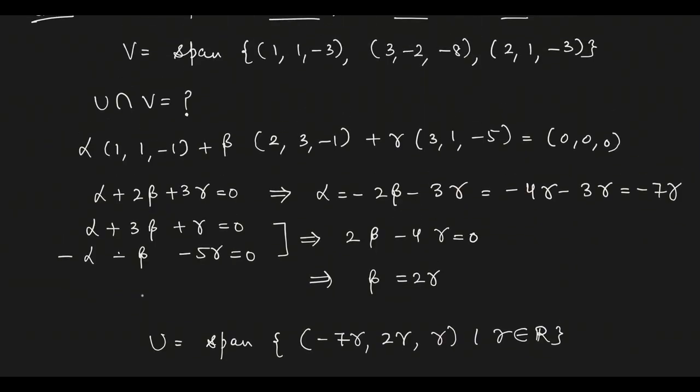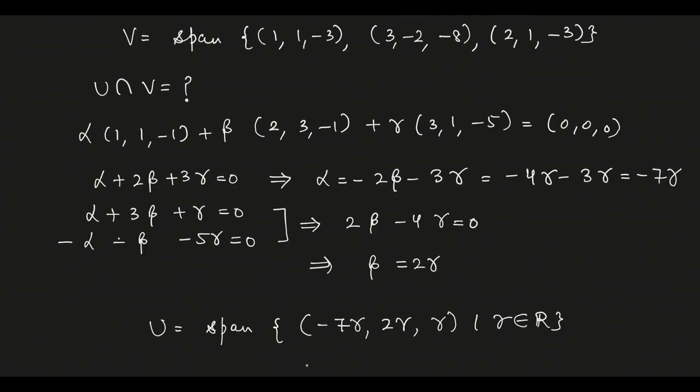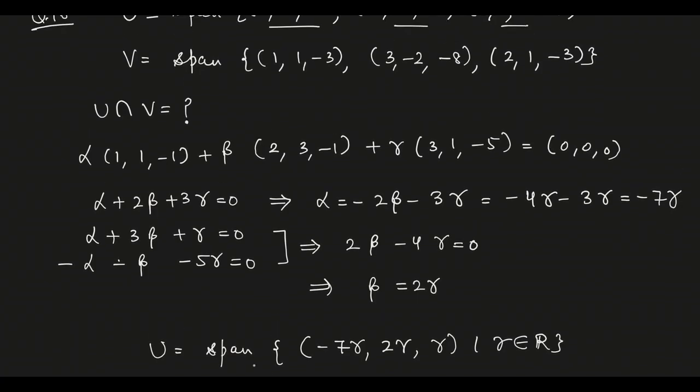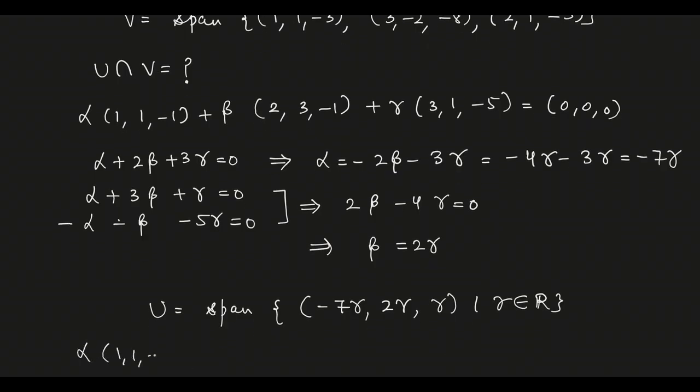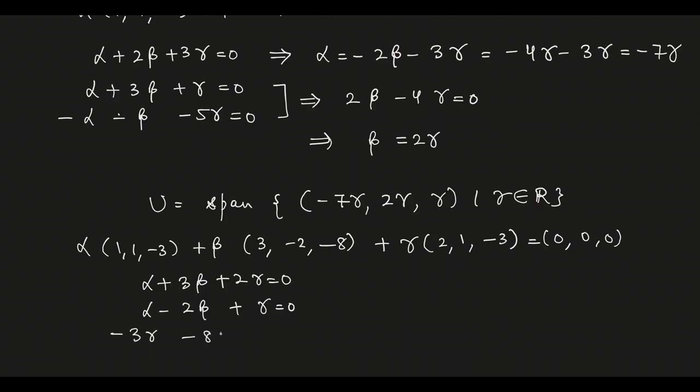Similarly for V also, alpha times (1, 1, minus 3) plus beta times (3, minus 2, minus 8) plus gamma times (2, 1, minus 3) equal to (0, 0, 0). So alpha plus 3 beta plus 2 gamma equal to 0. Alpha minus 2 beta plus gamma equal to 0. Minus 3 alpha minus 8 beta minus 3 gamma equal to 0.